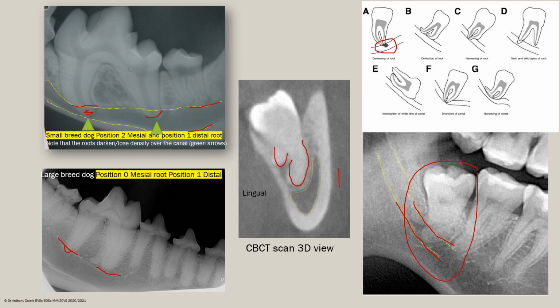This is the buccal side here, and you can see the yellow outline here is the mandibular canal, and that would be worrying, is that if we have to remove bone down to this area, we could inadvertently enter the mandibular canal, which is not good for the mandibular nerve.